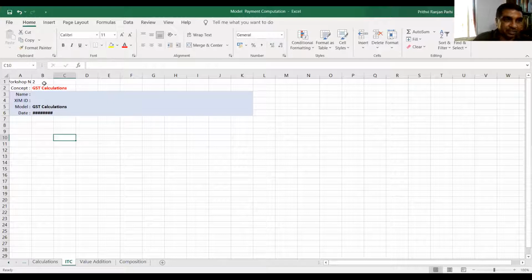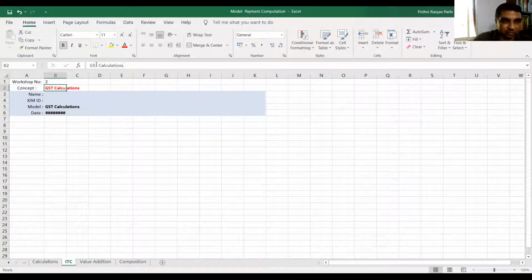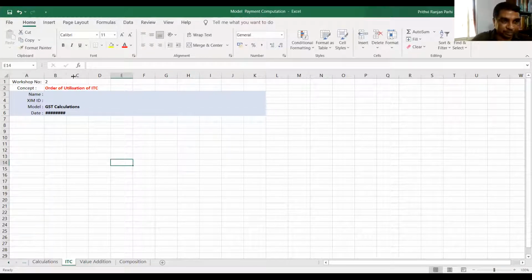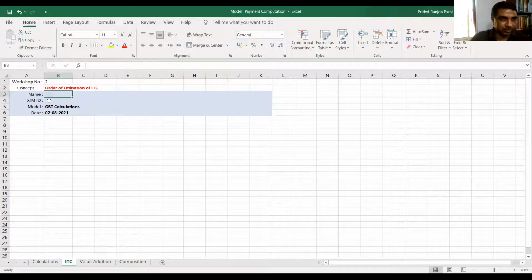And the concept is order of utilization of ITC. All of you have to do it with me. So your name, exam ID can be there. Model name, we are taking ITC.